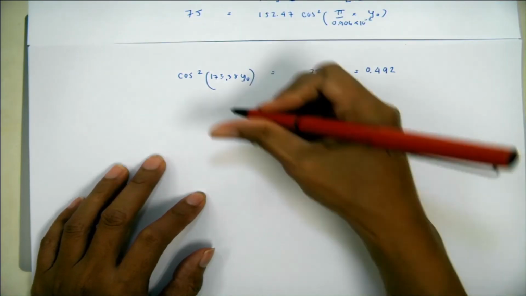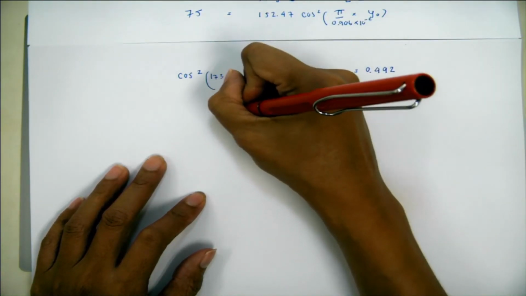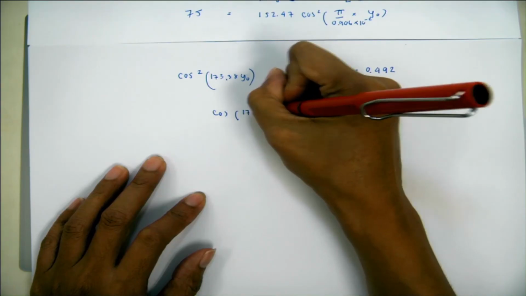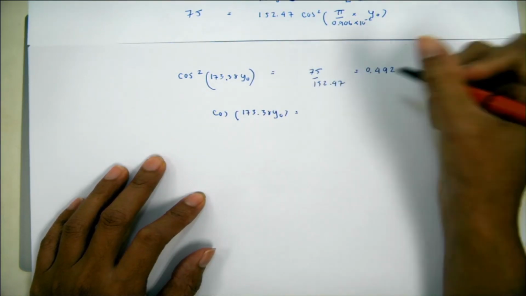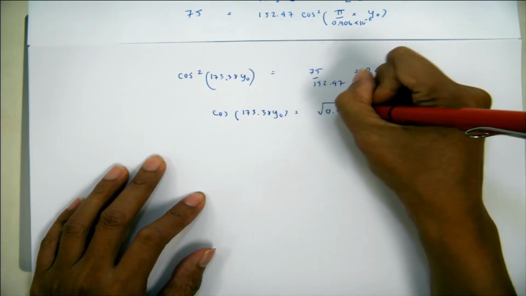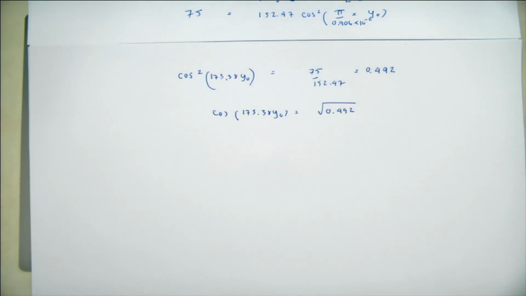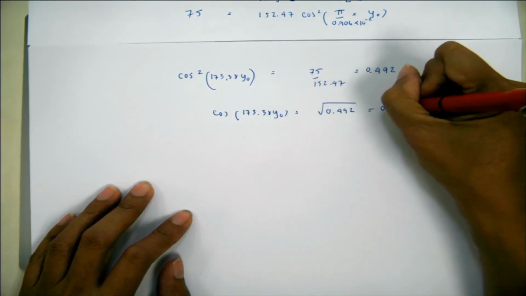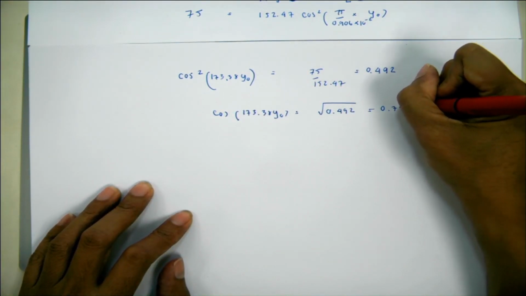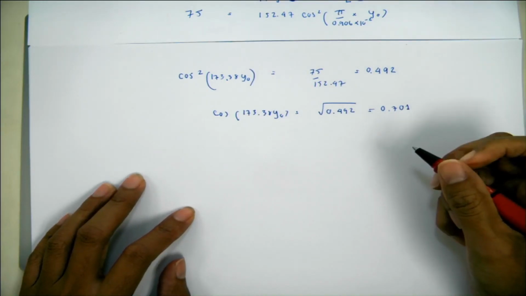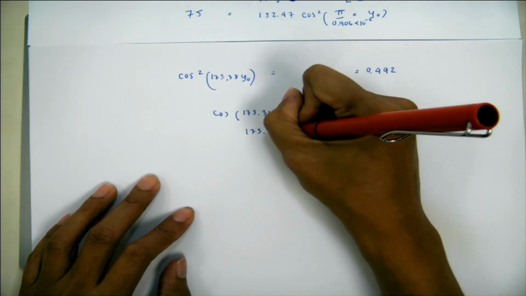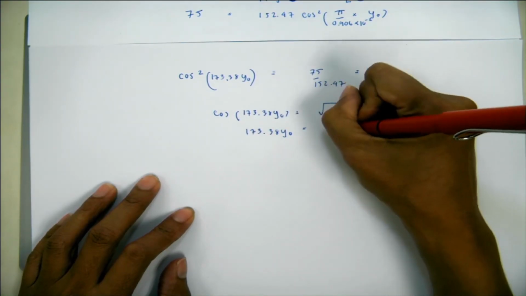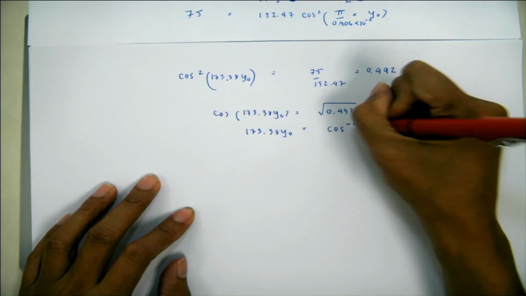So cosine of 173.3819 y0 is equal to the square root of 0.492, which is 0.701. And then 173.38 y0 equals the inverse cosine of 0.701.